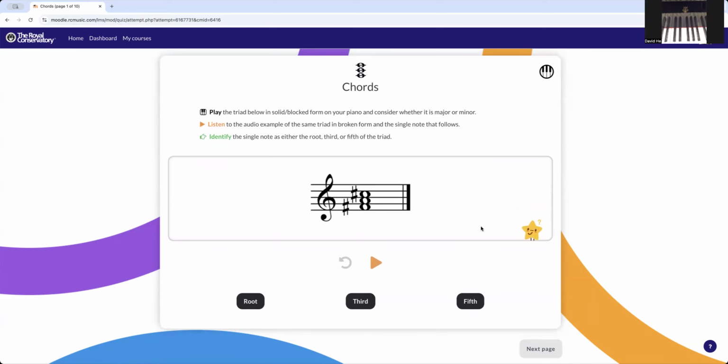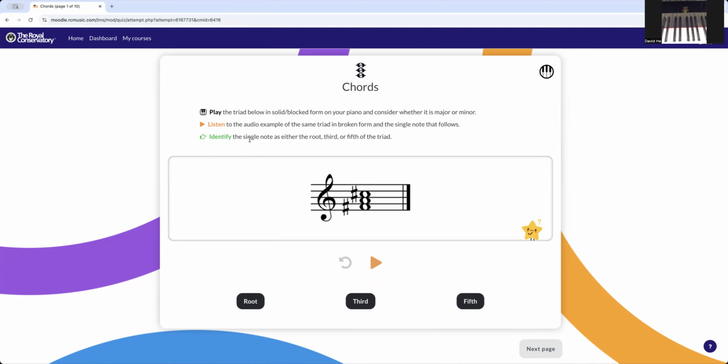This one asks you to play the triad below in solid and blocked forms on your piano, and consider if it's major or minor. You can listen to it later, and then type the answer in here. Then the audio example is the same triad in broken form, and the single note that follows.